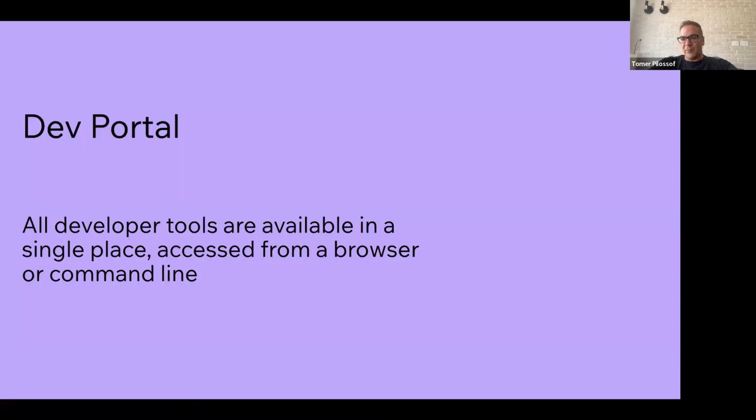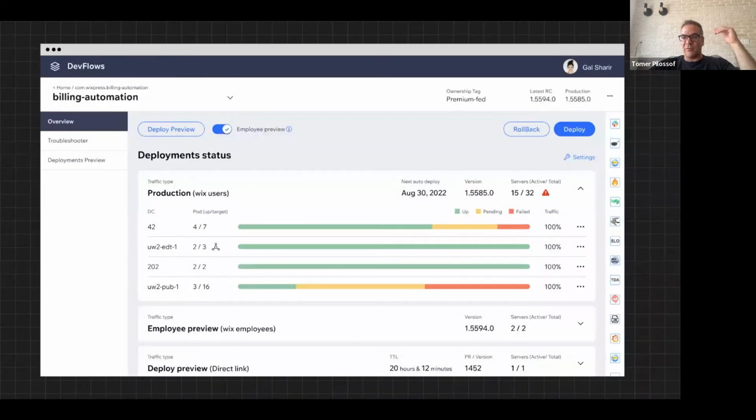So one example is around visualization. If we want to make sure that our developers, Wix developers, are accountable for the process of taking their code and putting it in production, we're enabling this process and making sure that they have the right tools, but we also want to give them visibility of what's really happening.